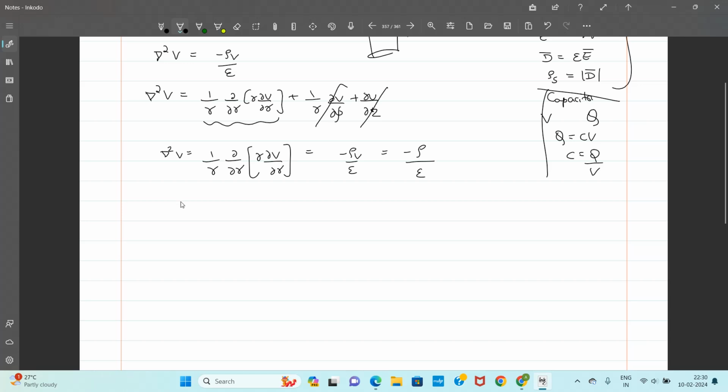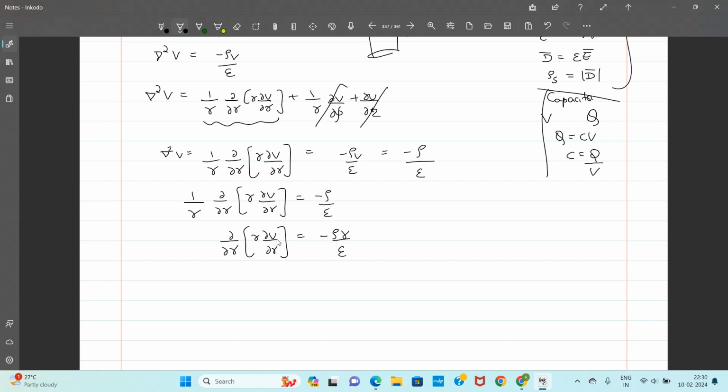Now let's rewrite it. I have 1 by R dou by dou R of R into dou V by dou R. On the other side, I have minus rho by epsilon. I'll take this 1 by R to the right hand side, so it becomes dou by dou R of R dou V by dou R equal to minus rho into R by epsilon. This R is taken to the other side.